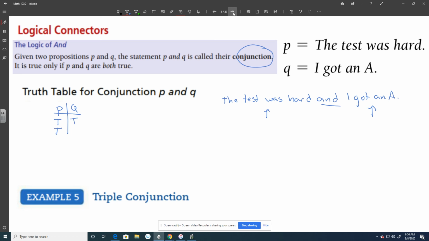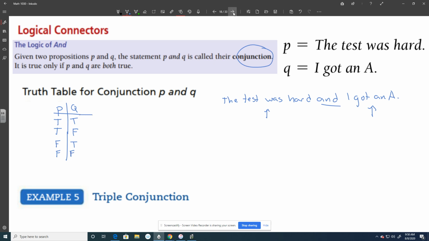But the test could be hard and maybe you didn't get an A. Maybe the first one is true, but the second one is false. Well, what if the test was easy? What if that proposition is false, but you got an A? So that one could be true. Or the first one, the test could be easy, and that one's false, and you could have still not got an A. So they could both be false.